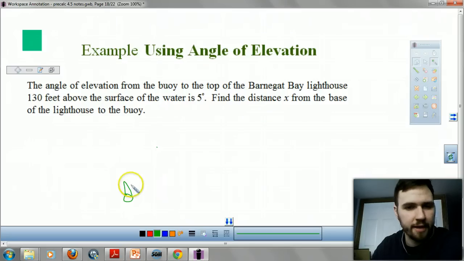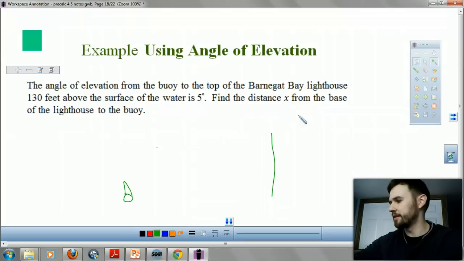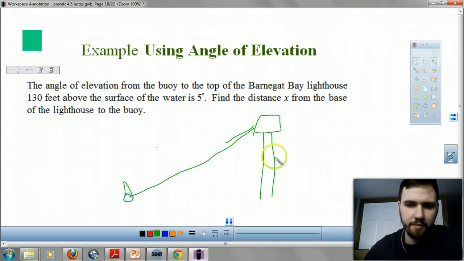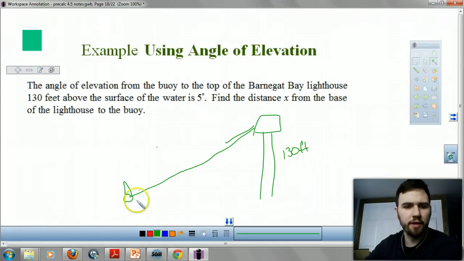And to the top of Barnegat Bay, a lighthouse. So we have a lighthouse. It's shining light down, hitting the buoy. The lighthouse is 130 feet above the surface. The angle of elevation is 5 degrees.